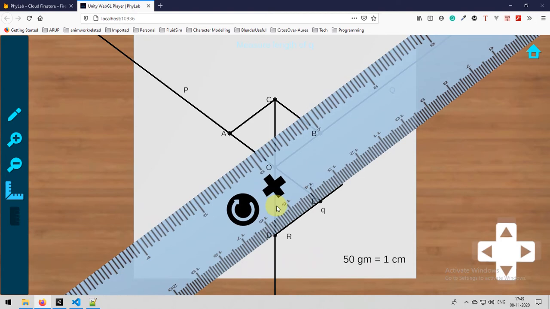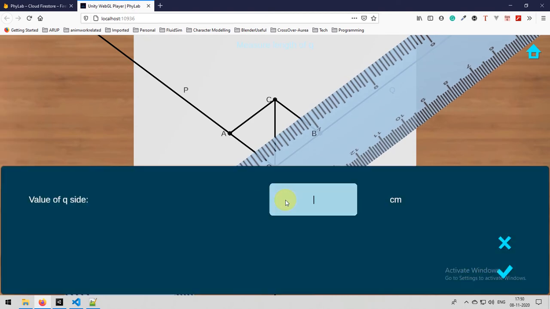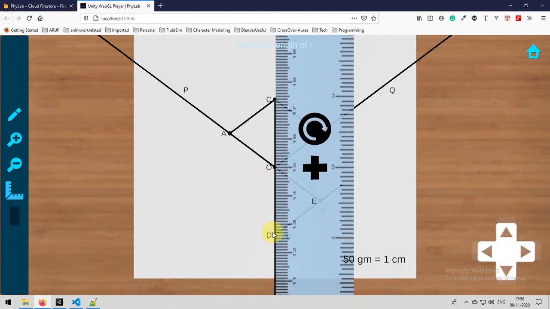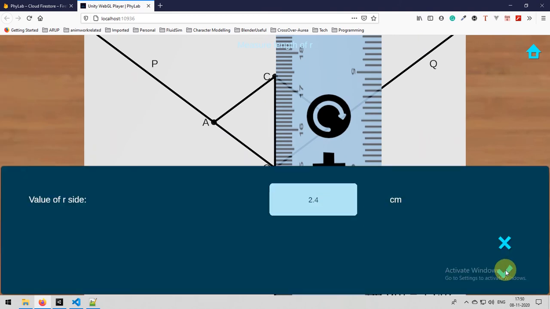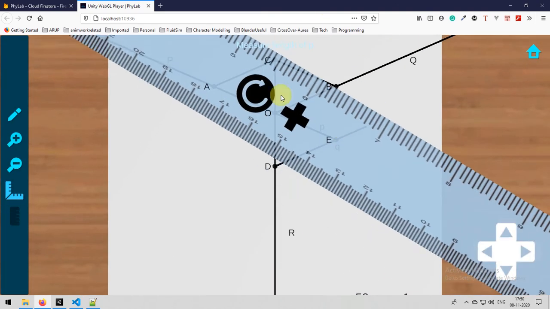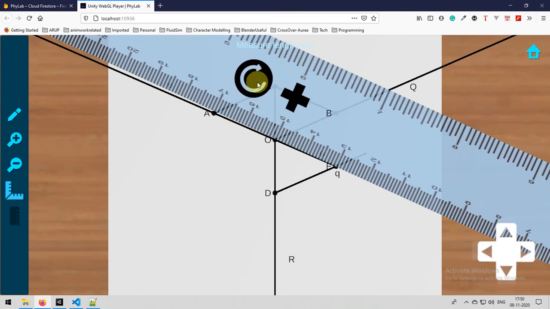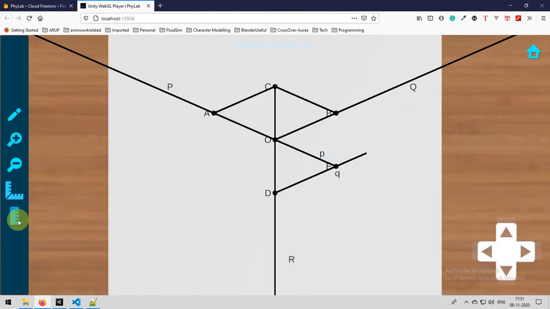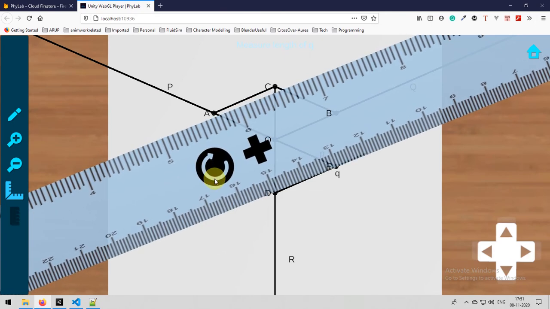I will observe the PQR lengths with the stone in the air and also the PQR values for the stone in the water. So we will observe both.